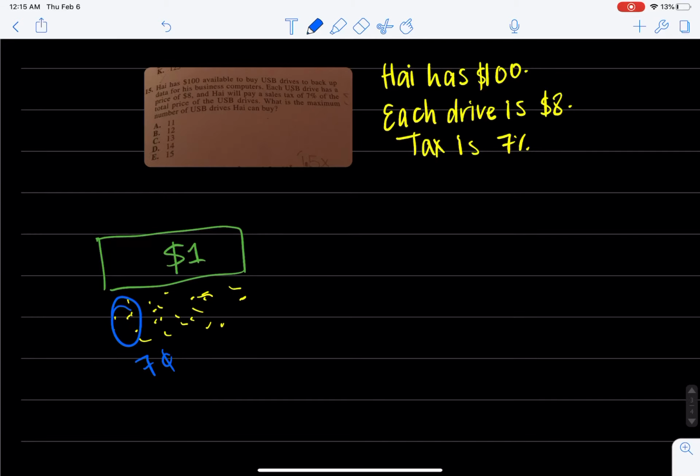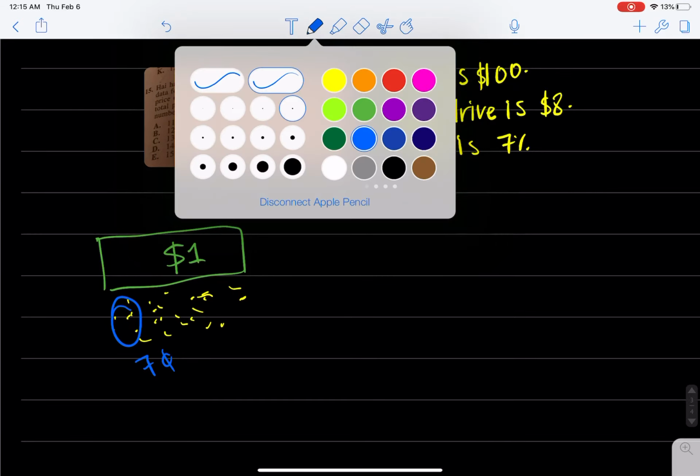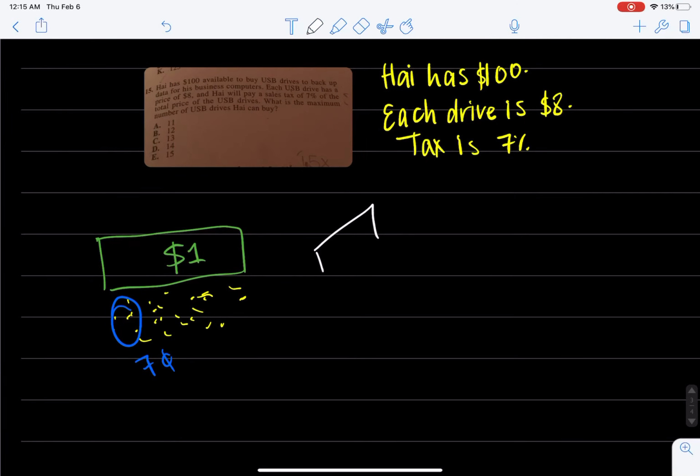So if one of these little flash drives, and let me draw a flash drive, costs $8, and for $1, 7 cents is the tax, then 7 times 8 is 56 cents.